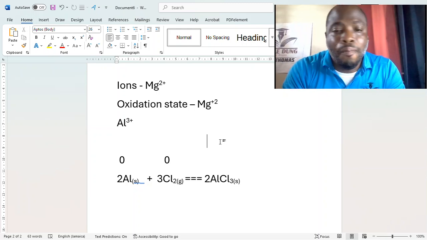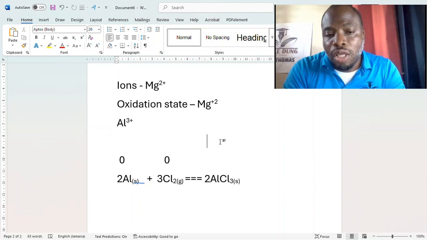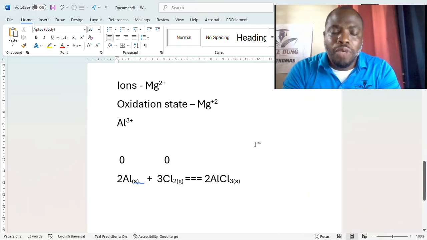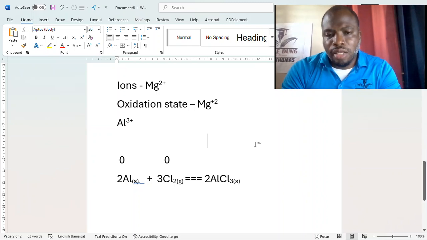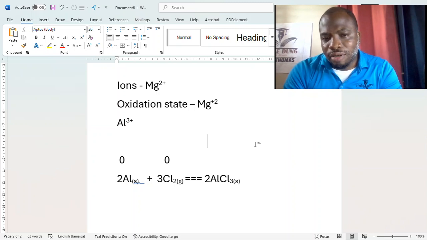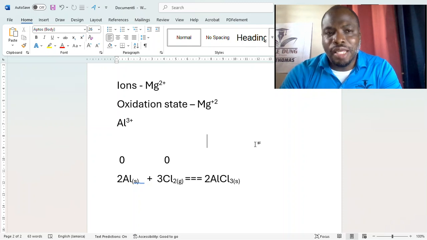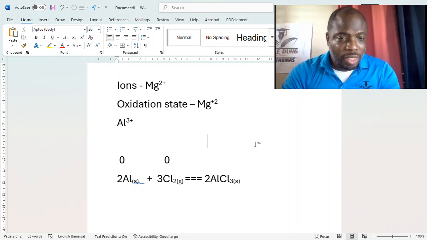We know that metals undergo oxidation because metals lose electrons. We know that if we can track the electrons, or the oxidation state rather, then you can tell who is being oxidized and reduced. So we dealt with it in terms of loss and gain of electrons.